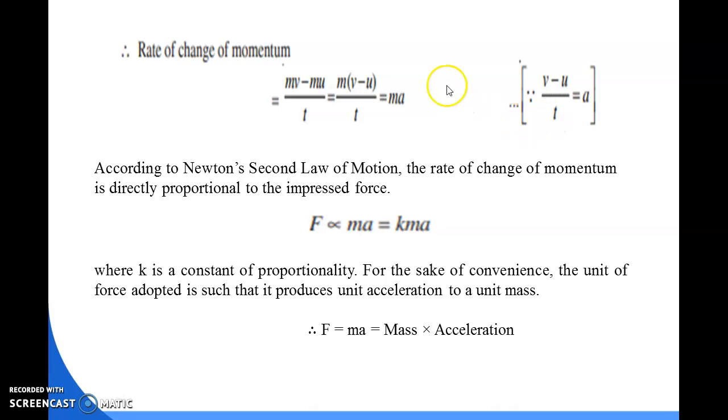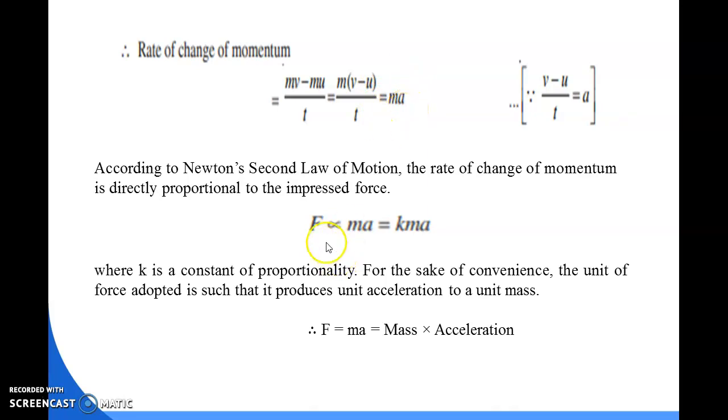So we can put m into a in place of m(v minus u)/t. According to Newton's second law of motion, the rate of change of momentum is directly proportional to the impressed force. That means F is directly proportional to ma, because ma is the rate of change of momentum.